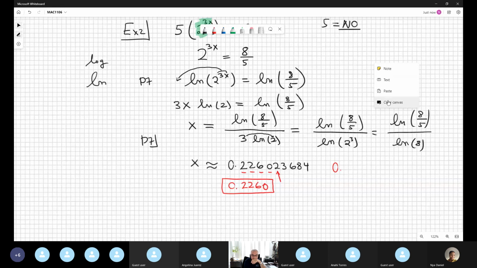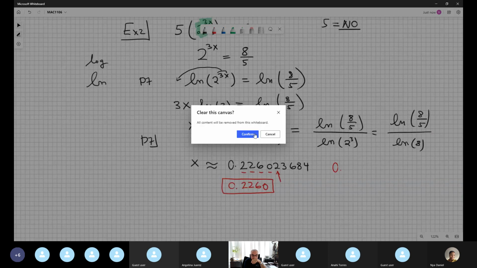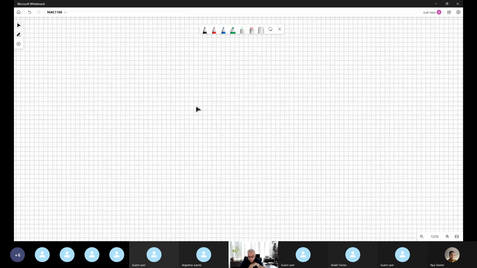I need space to do one long complicated problem. Example 3. Example 3 is 0.3 raised to the 1 plus x is equal to 1.7 raised to the 2x minus 1.